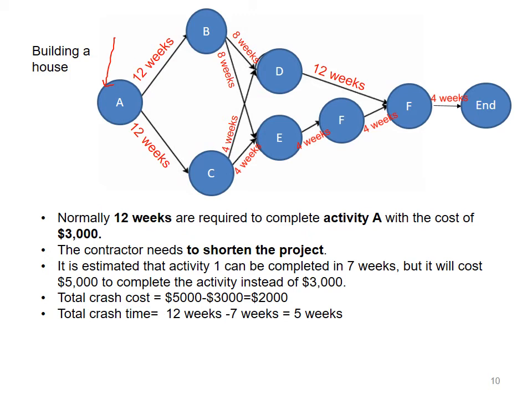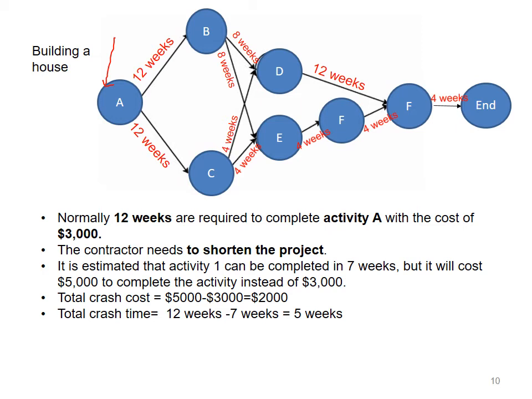So the contractor needs to shorten the project. So based on his experience, it is estimated that activity A can be completed in 7 weeks. Okay, instead of 12 weeks. Okay, the activity can be completed in 7 weeks, but it will cost 5,000 instead of 3,000.